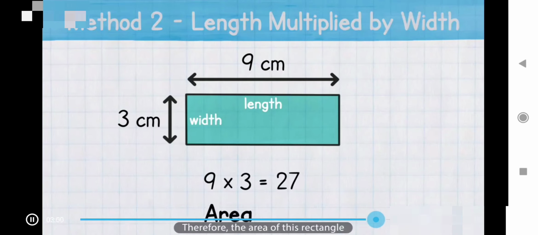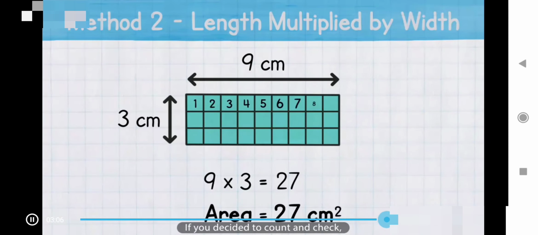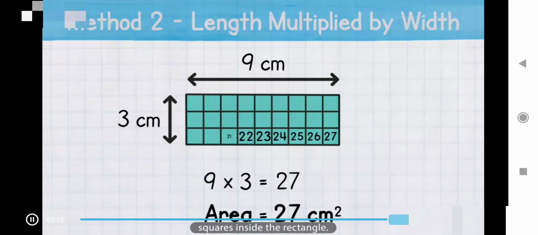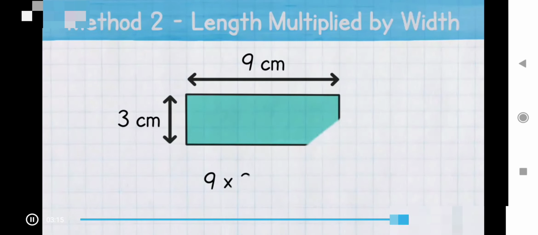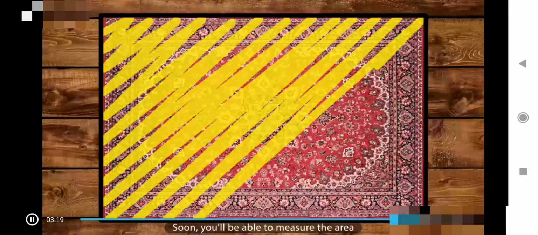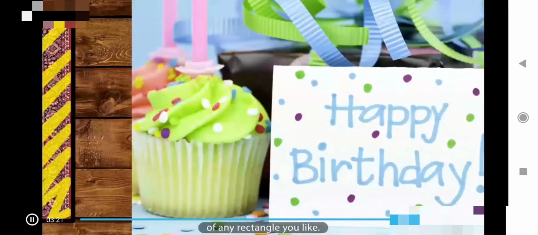Therefore, the area of this rectangle equals 27 square centimeters. If you decided to count and check, you would find there are 27 squares inside the rectangle. Soon, you'll be able to measure the area of any rectangle you like.